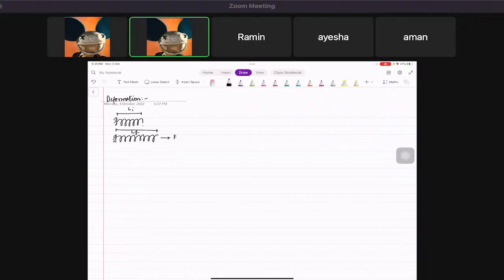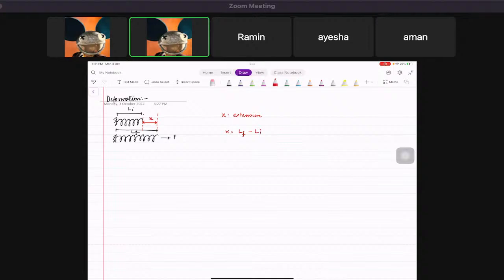So this length, that extension that is caused by this force, let's call this x. Okay, so x here is the extension, and the extension is basically Lf minus Li. Do you guys understand this?